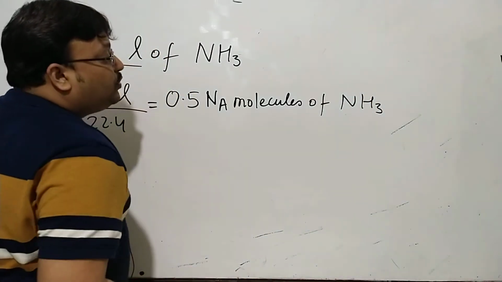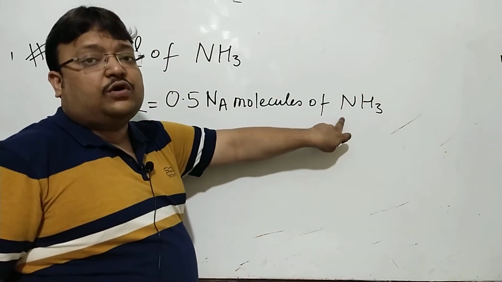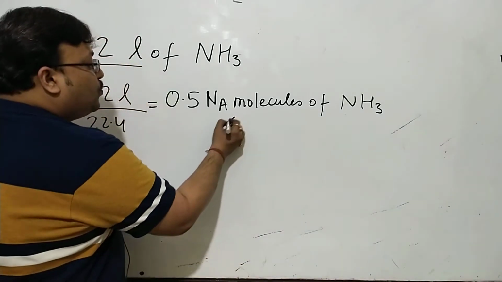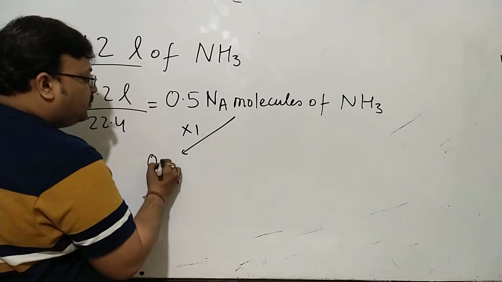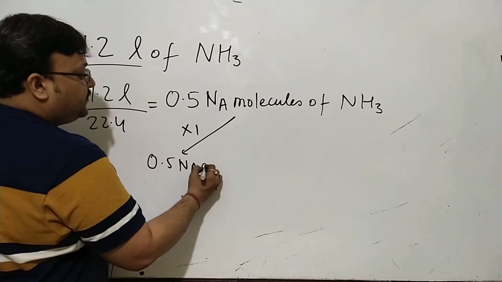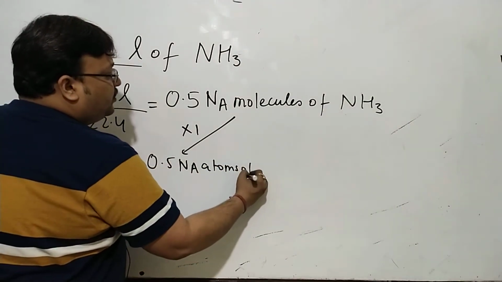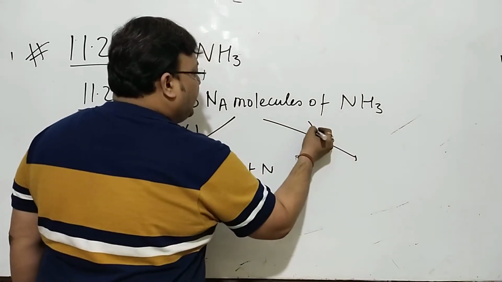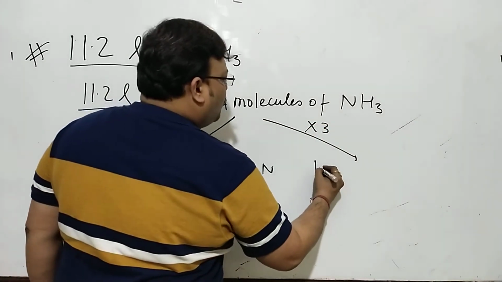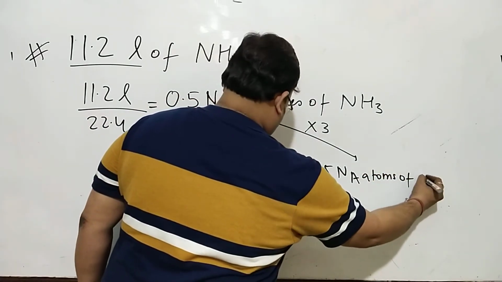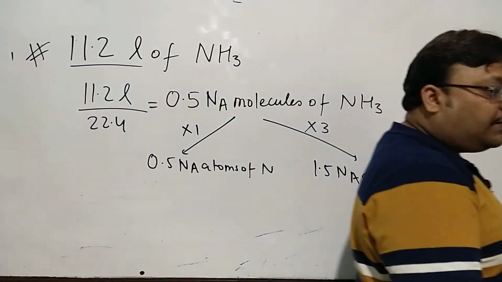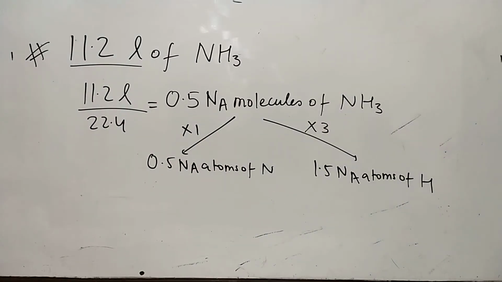One molecule contains 1 atom of nitrogen, so half Na molecules will contain half Na atoms of nitrogen, and into 3, 1.5 Na atoms of hydrogen. You want to copy this at your convenience.